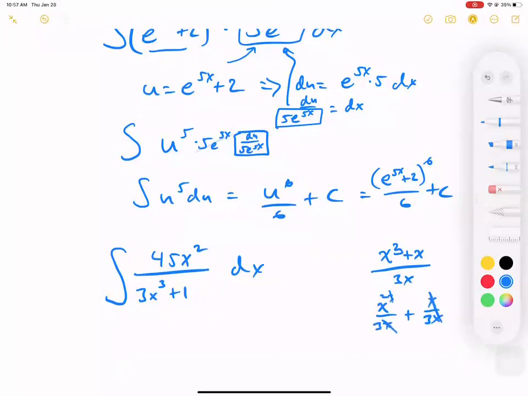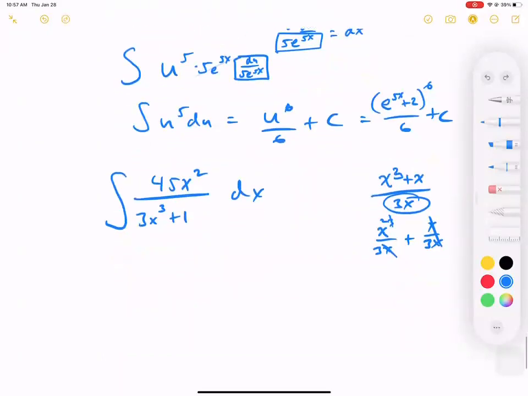That's if it was a nice monomial on the bottom. But if it's a binomial, you cannot break it apart like we could on the right side. To stress that again: if it's a monomial and you can divide the x's, great, separate them. It's an easy problem: x squared over 3 plus 1 over 3, and the integral is pretty easy. But because it's a binomial, we can't break that.